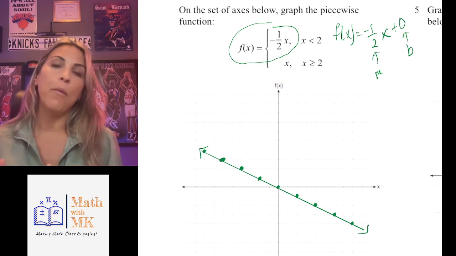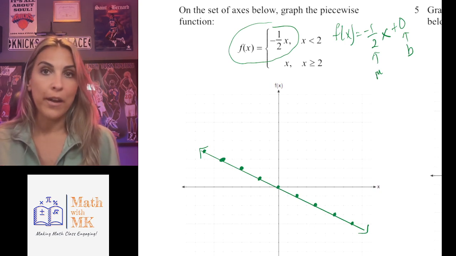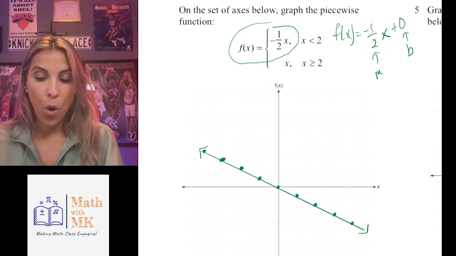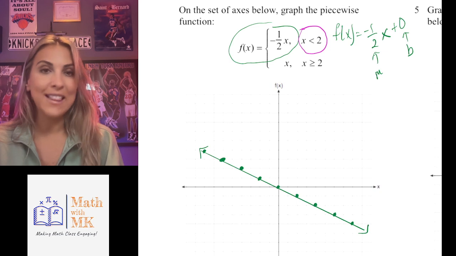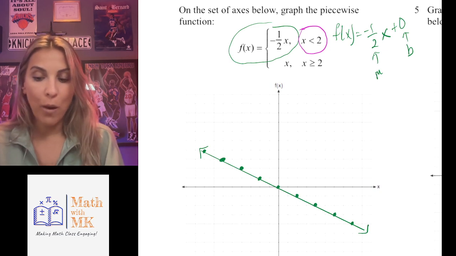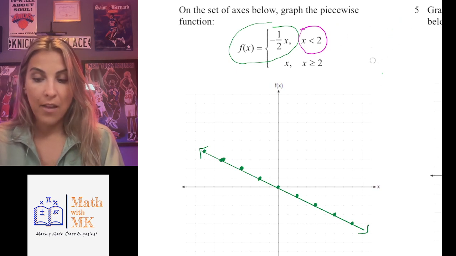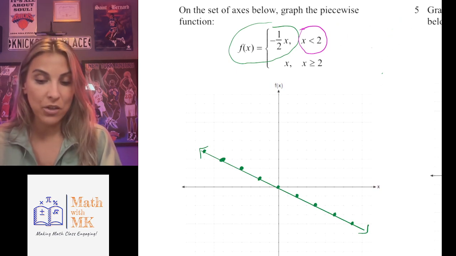All right, so now the line is graphed. However, this piecewise function says that I only use the function rule negative 1/2 x when x values are less than 2. So that means I don't want to see this whole line. I only want to see the part of the line that has x values less than 2.